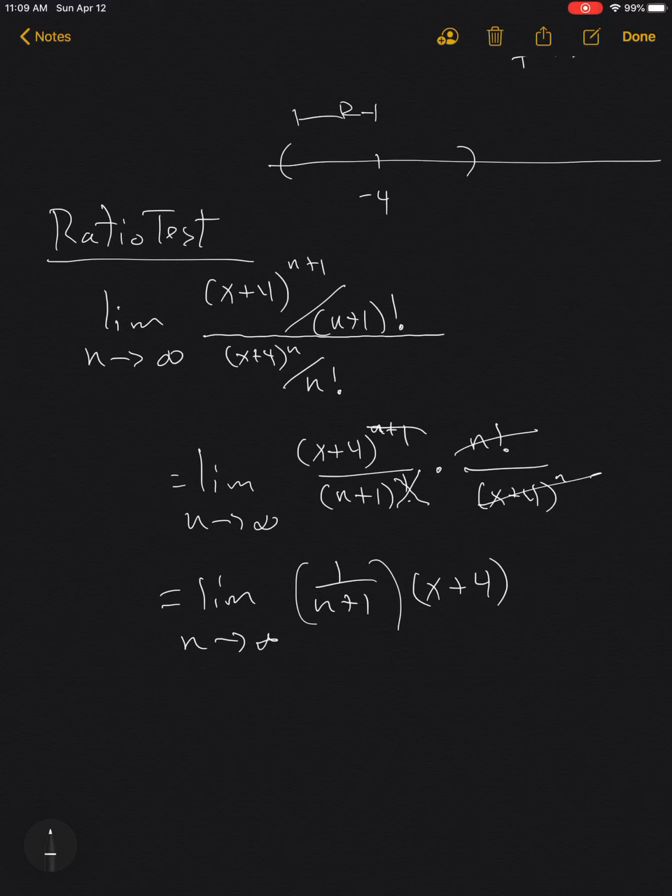Now notice, regardless of the value of x, this coefficient term is going to 0 as n goes to infinity. And so this limit is 0. It's 0 times x plus 4. No matter what value of x we might plug in, we're going to get 0 times that x value plus 4. And so our limit is simply 0.